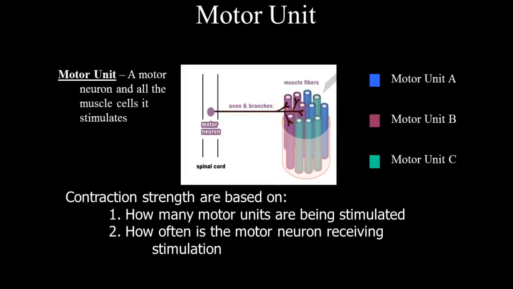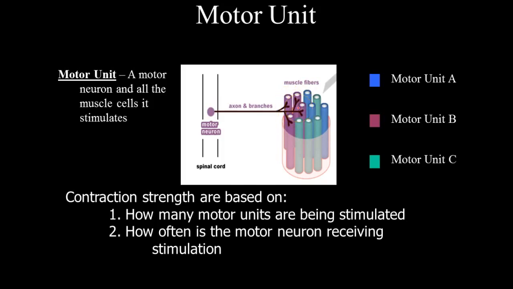Each muscle fiber only has one motor neuron, but a motor neuron can stimulate or dump all that calcium and acetylcholine into several different muscle fibers. The way that you generate different amounts of strength has to do with how many of these motor units, which is the motor neuron plus the fibers that it is in charge of, are activated.